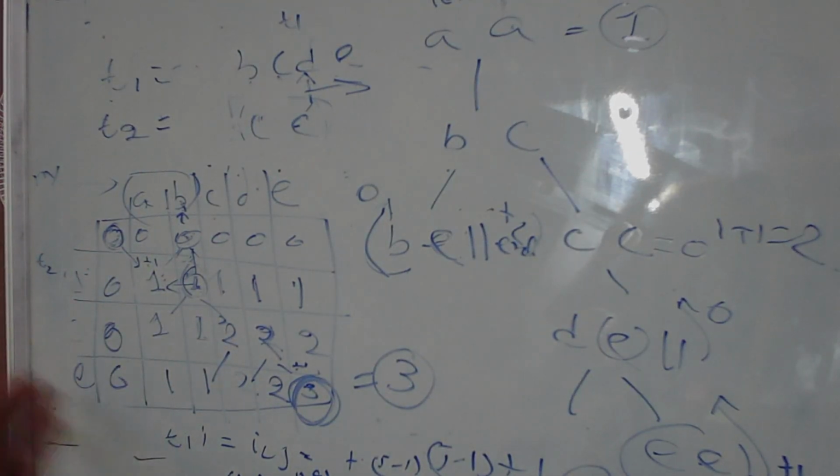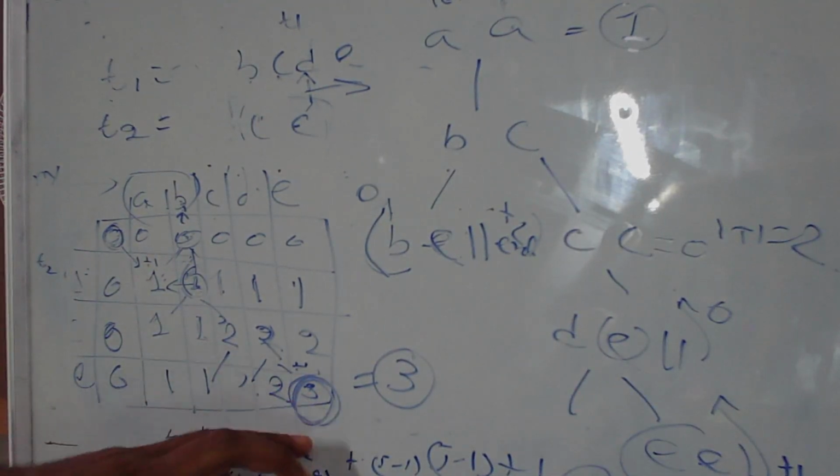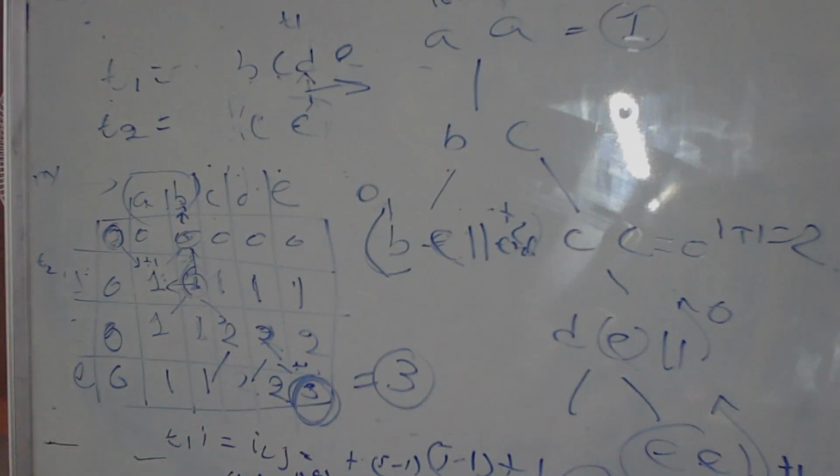And that's that. At the end, we just have to return the end value of the matrix. So now let's go ahead and implement this logic using JavaScript.